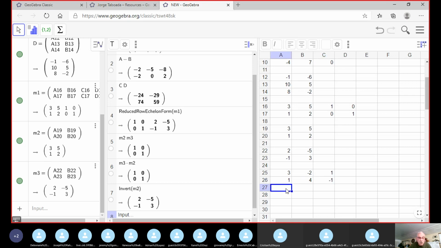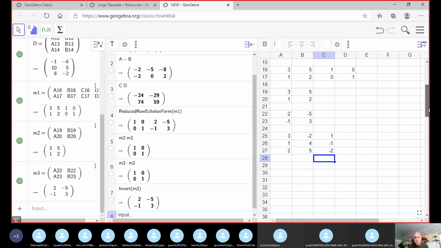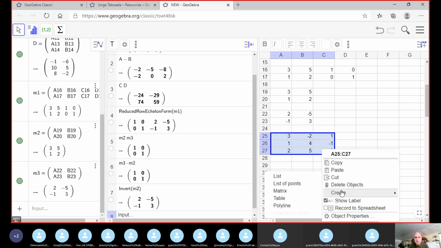And the last row, 2, 5, -2. Okay. This is my matrix. I don't know what name I want to call it. Maybe R, capital R, whatever. Let me create the matrix.